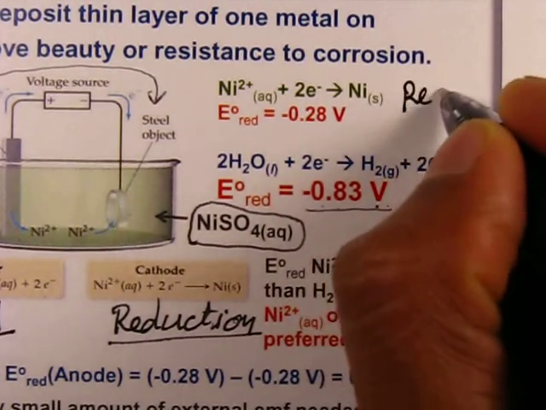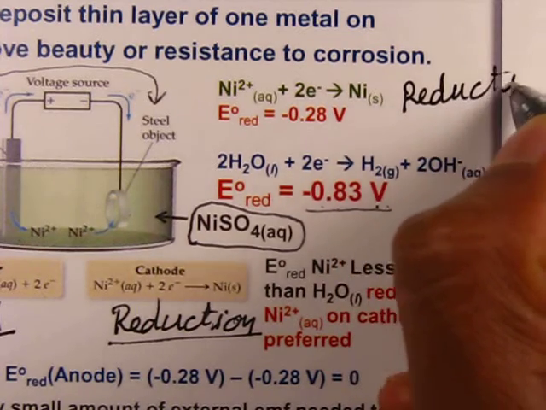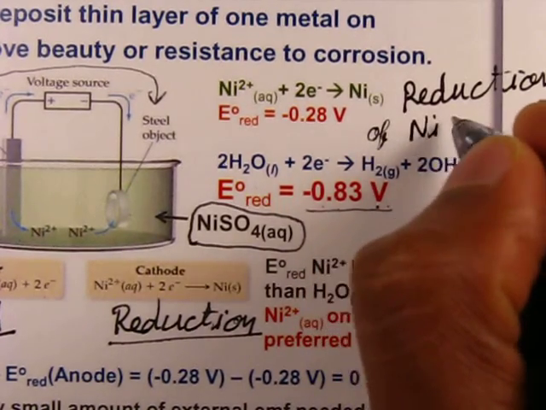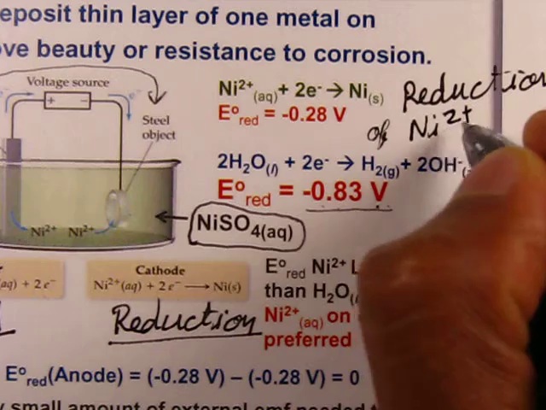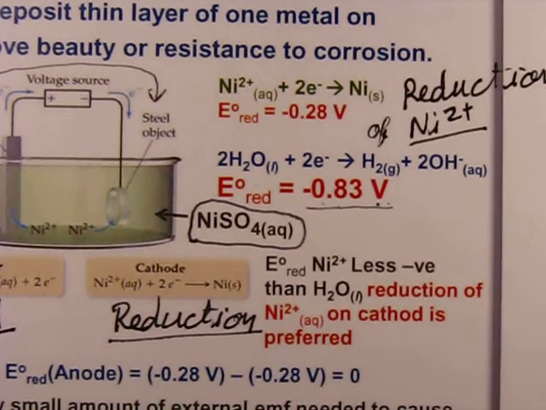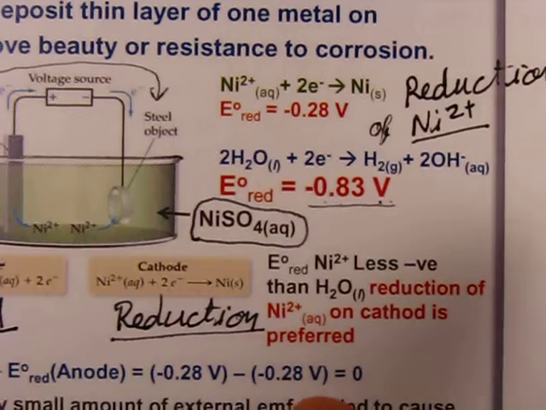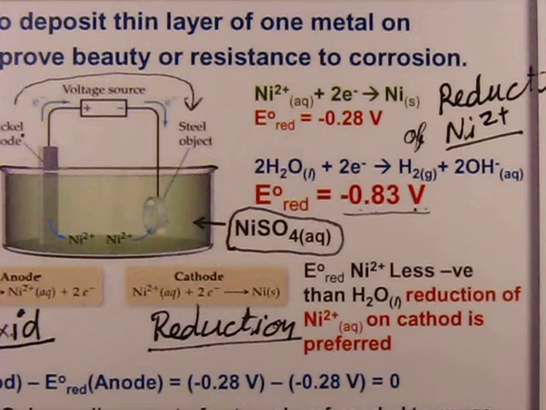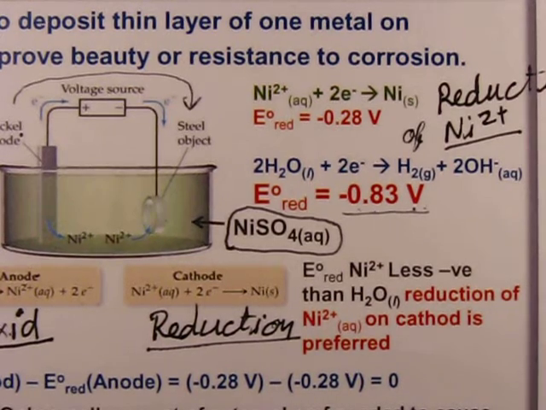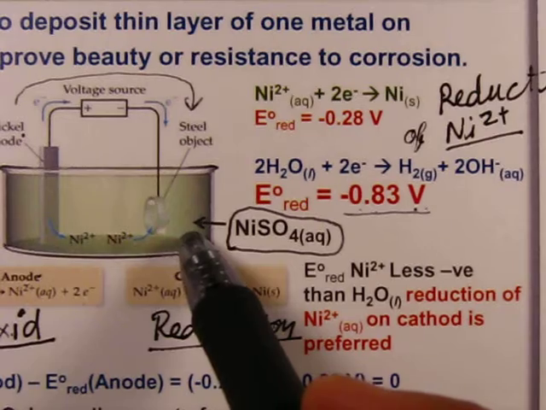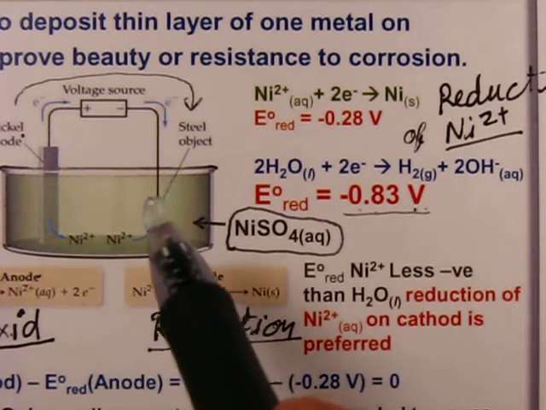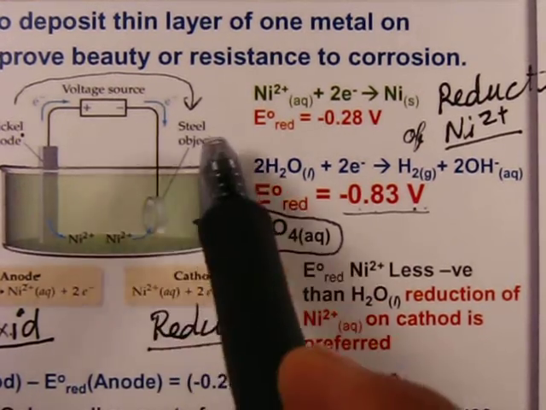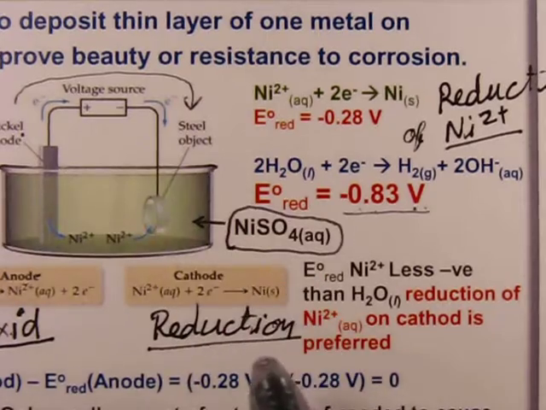So reduction of nickel ion is preferred, right? So whenever we have to do an electrolysis process, we have to choose the metal which we can deposit onto another metal, and that reduction potential must be in such a way that it can oxidize and it can reduce on the other metal.